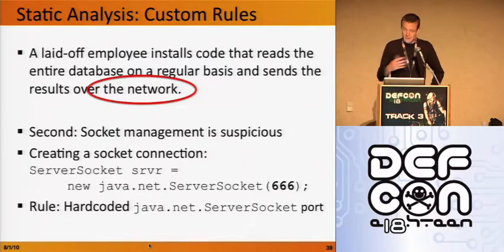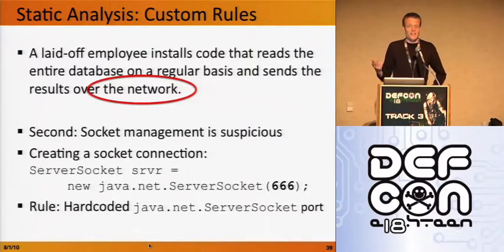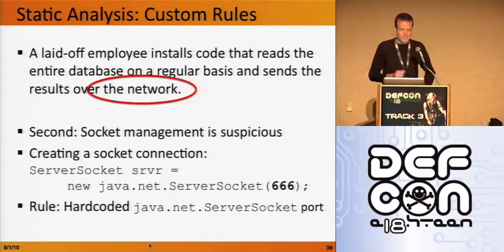Again, perfectly legitimate reasons to do that, but it's pretty uncommon. Why? Not something you'd regularly see in a web application. So we can create another rule that flags uses of sockets in web applications. And in particular, hard-coded socket numbers, just really strange. You're building in some special sauce there. Whether it's for legitimate purposes or malicious purposes remains to be seen.